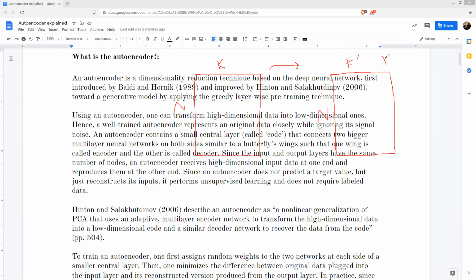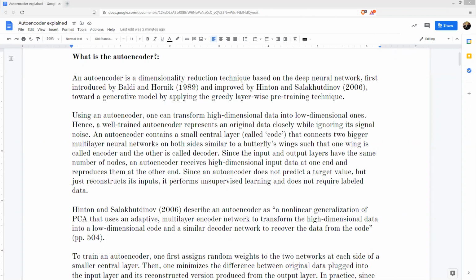Here, k prime is less than k, so low dimensional data.